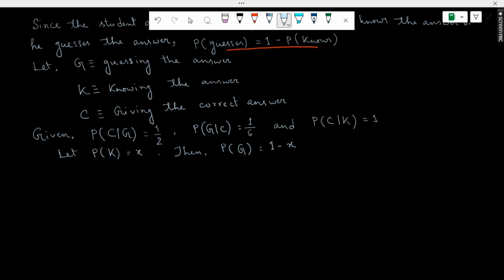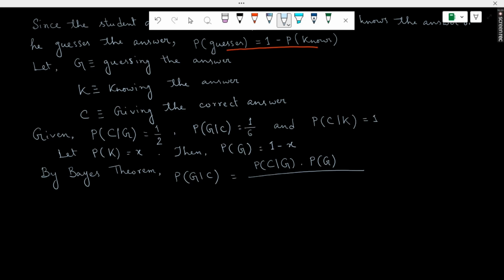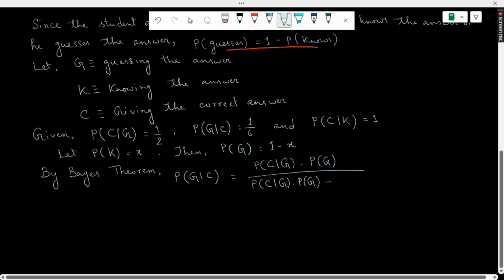And C is the event A. So we should use the Bayes theorem here, and by using it we can write probability of G given C is equal to probability of C given G into probability of G by probability of C given G into probability of G plus probability of C given K into probability of K.